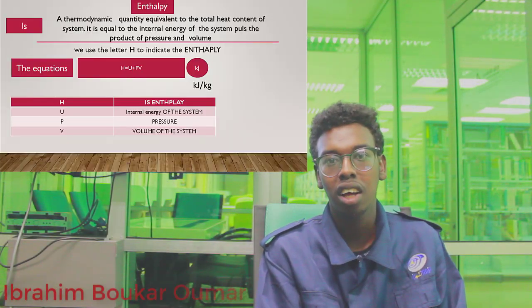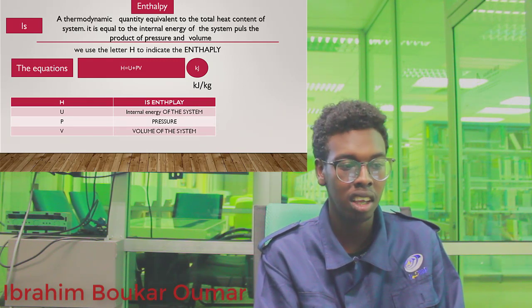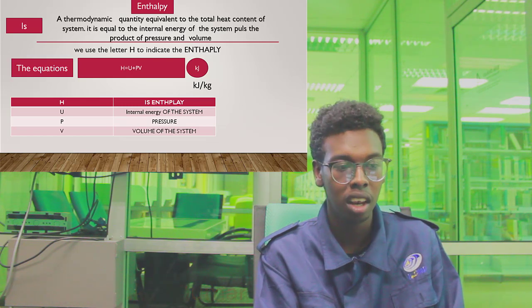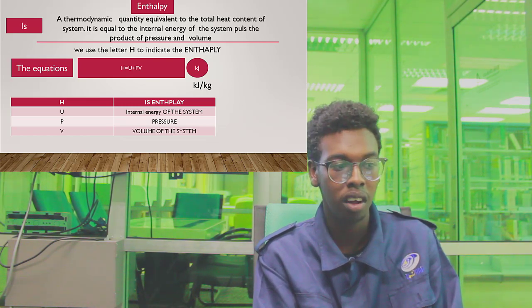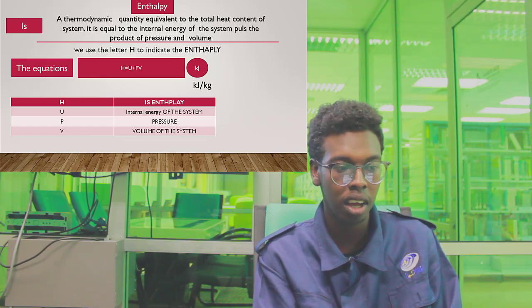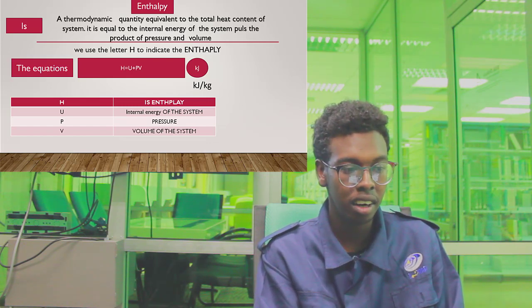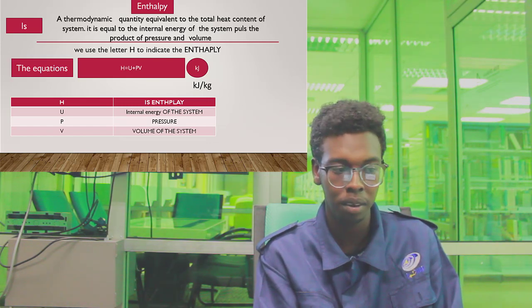Some people don't know about enthalpy. We want to define as enthalpy a thermodynamic quantity equivalent to the total heat content of a system. It is equal to the internal energy of the system plus the product of pressure and volume. We use the letter H to indicate the enthalpy.